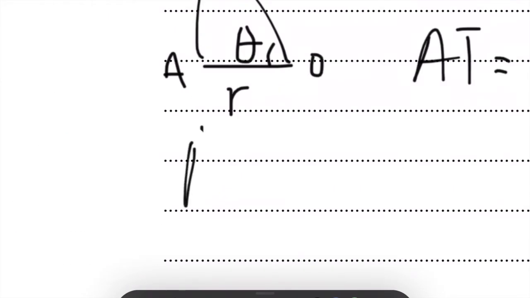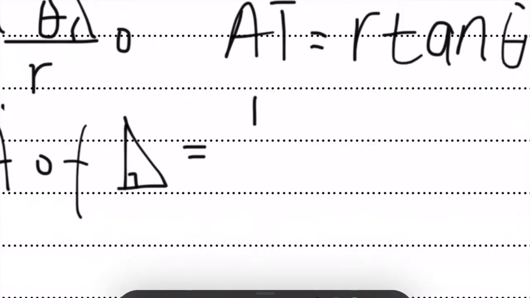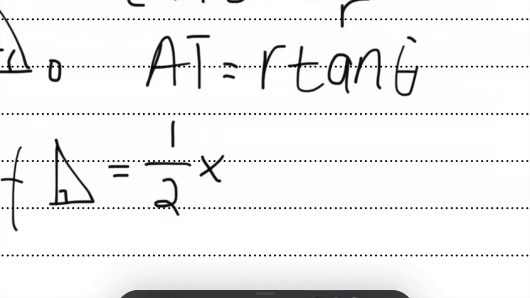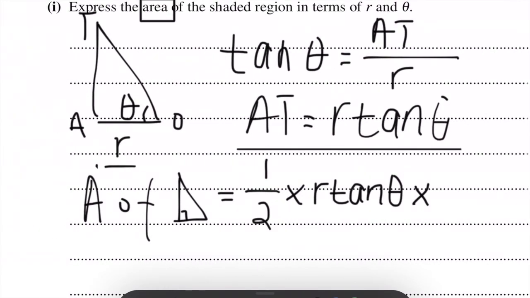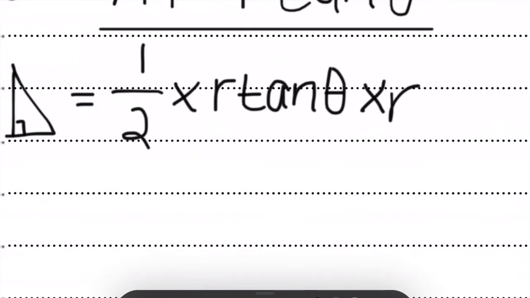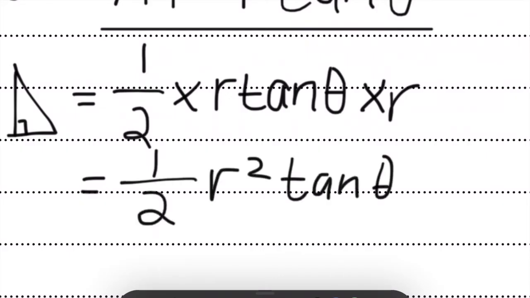So we'll calculate the area of the triangle, right angle triangle, with half times AT, which is the height, r tangent theta, and the base, which is r. We get half r squared tangent theta.